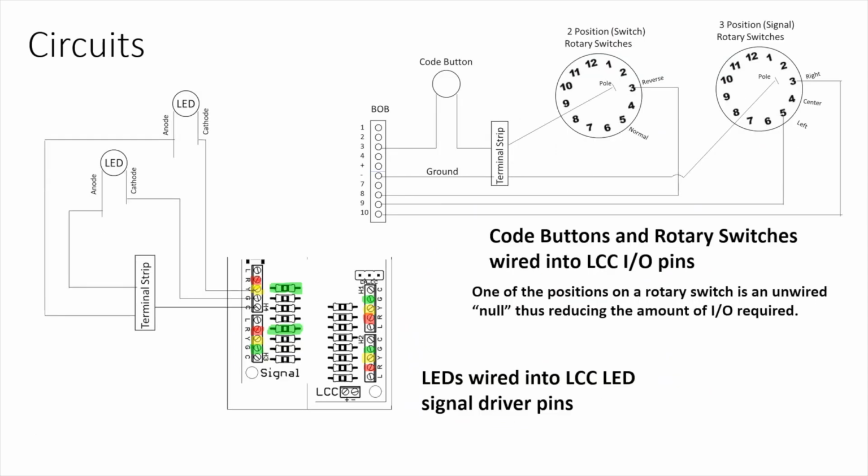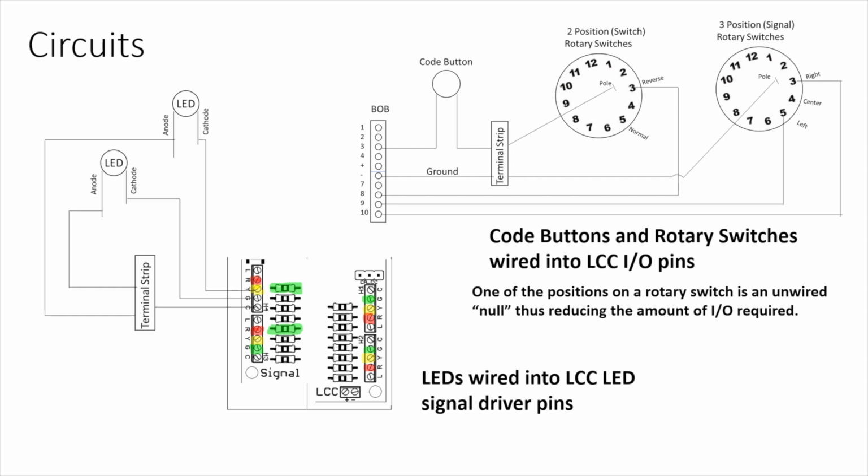As I mentioned previously, the wiring behind the panel really just consists of 2 simple circuits, one for LEDs and one for rotary switches and the code buttons. As far as the LEDs go, the Railroad Circuits signal board is set up to drive 4 signals, if you will, on a layout. But those signals, being that they're just LEDs, we could use those drivers for the LEDs on the CTC machine.